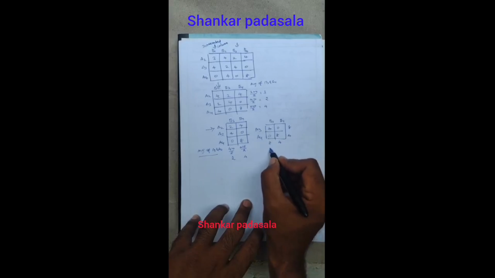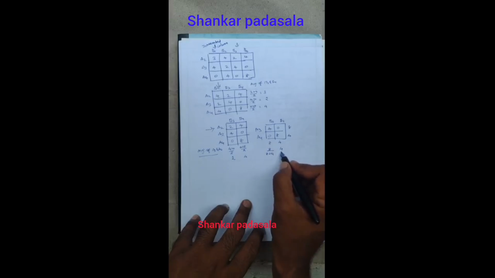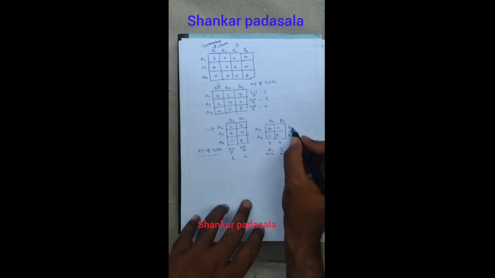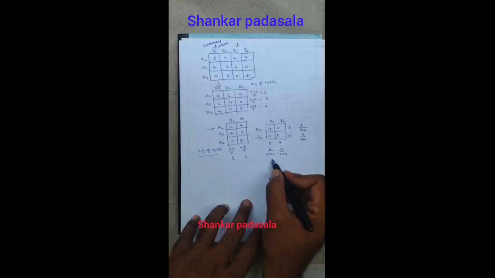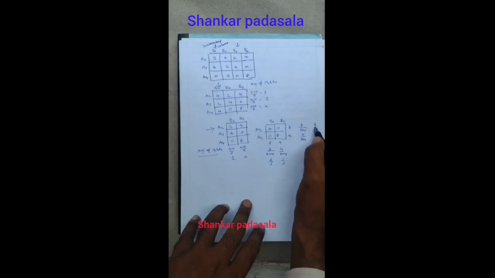Next, 8 divided by 8 plus 4, 4 divided by 8 plus 4, 8 divided by 8 plus 4, and 4 divided by 8 plus 4. So 8 by 12 will come, which we can write as 2 by 3. This is 4 by 12, so we can write 1 by 3. Similarly here 2 by 3 and 1 by 3.